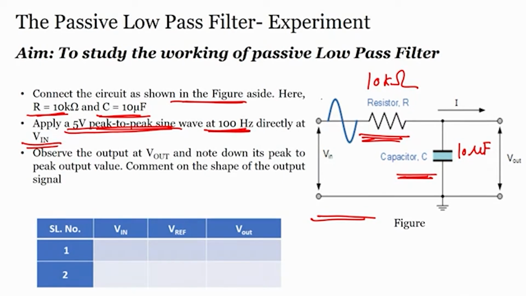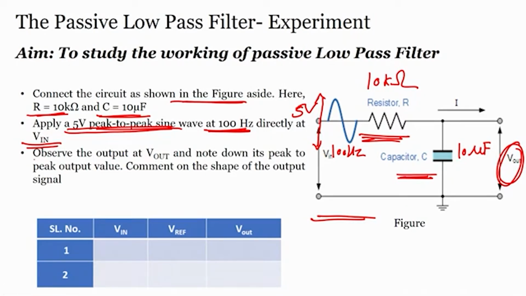This is my sine wave, I am applying 5 volts and the frequency is 100 hertz. If I apply 5 volts peak to peak at a 100 Hz frequency sine wave to this particular circuit with R and C, what kind of voltage do I observe at the output?